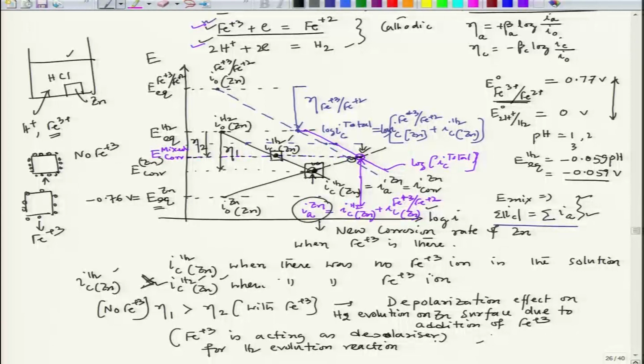When we have a lower polarization for the hydrogen evolution, I have a much higher dissolution rate of zinc.